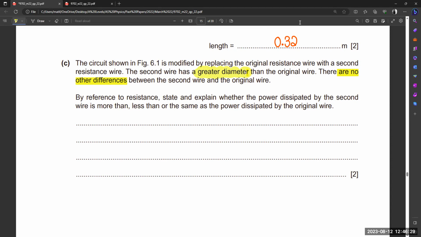By reference to the resistance, state and explain whether the power dissipated by the second wire is more than, less than, or the same.